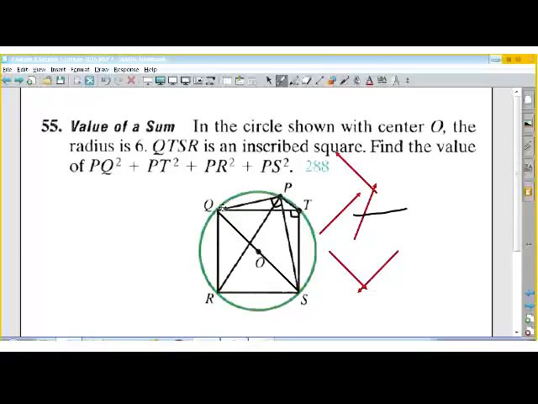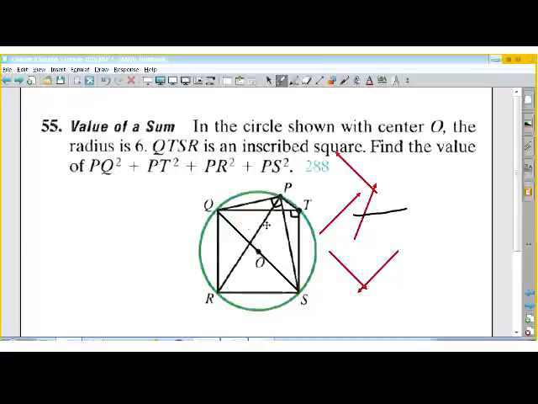And the two sides are going to be this side squared plus this side squared equals that side squared. And likewise, this side squared plus this side squared is equal to that side squared.